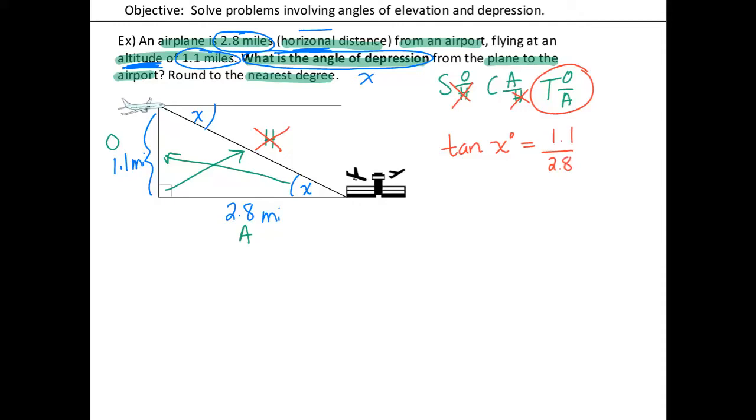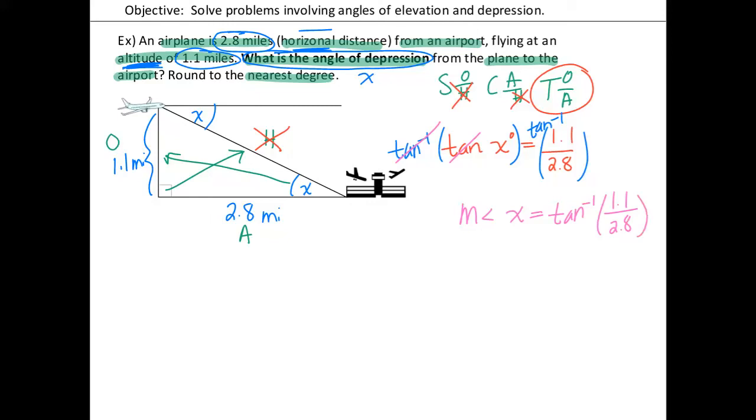To get the x by itself, we have to get rid of tangent, so we take the inverse of both sides. The tangent inverse and tangent cancel, and we're left with the measure of angle x equal to tangent inverse of 1.1 divided by 2.8.